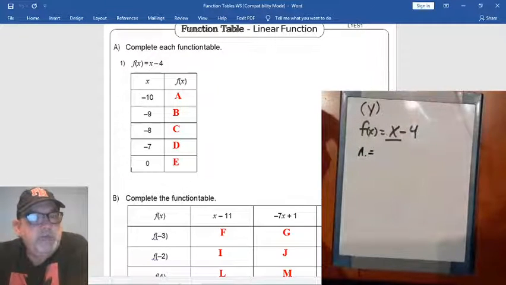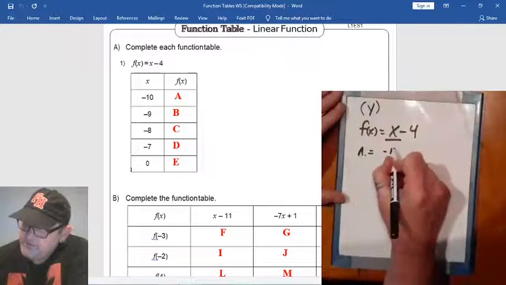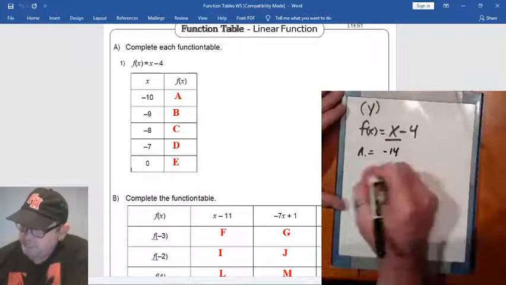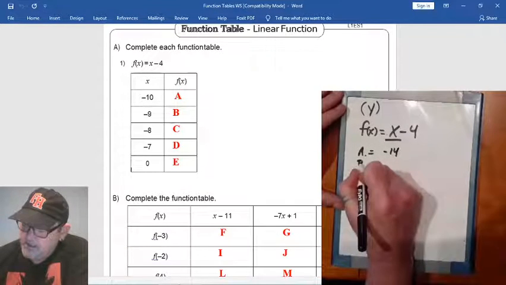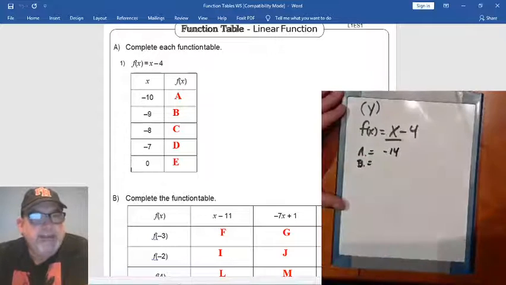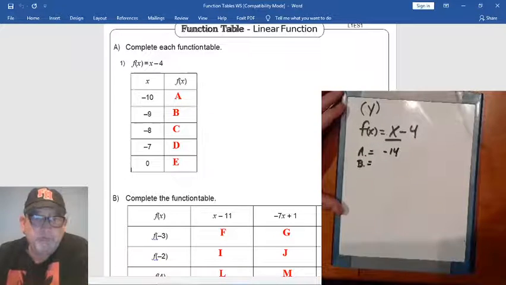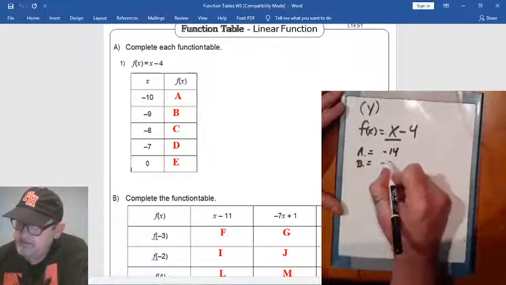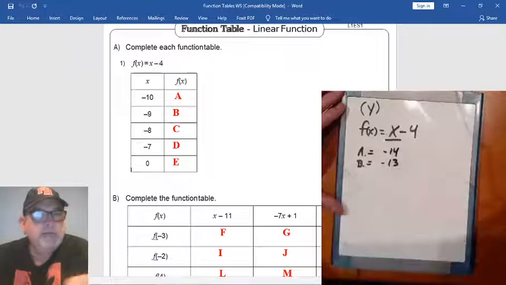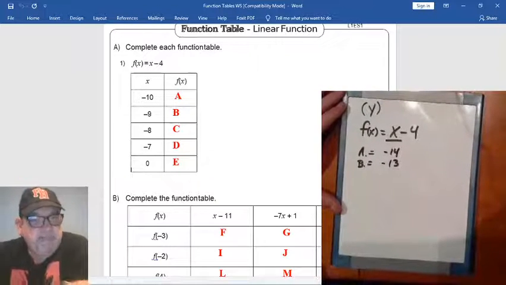Negative 10. So if I replace x with negative 10, I get negative 10 minus 4, which is negative 14. Pretty easy. Letter B, we got negative 9 minus 4. Well, if negative 10 was negative 14, negative 9 is going to be negative 13. Easy enough.